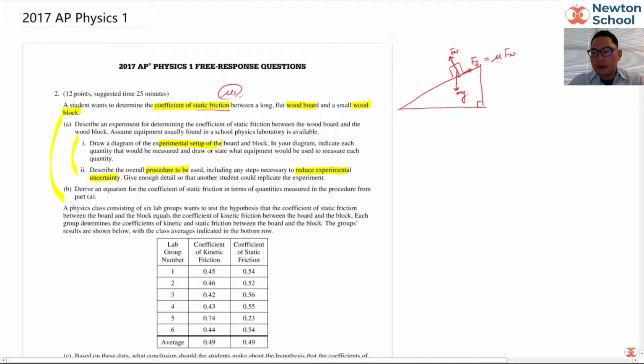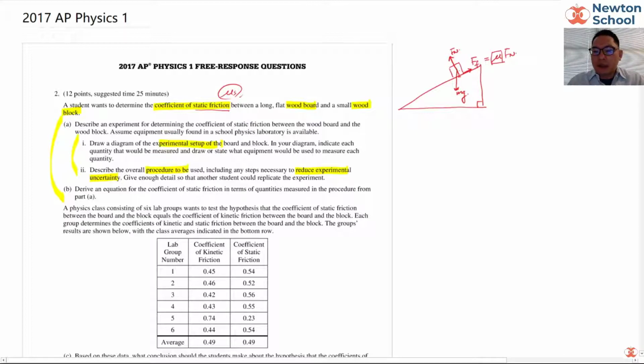Now, depending on mu s or mu k, you'll have to use a different mu, right? And you actually have to break this down when you do the xy components.